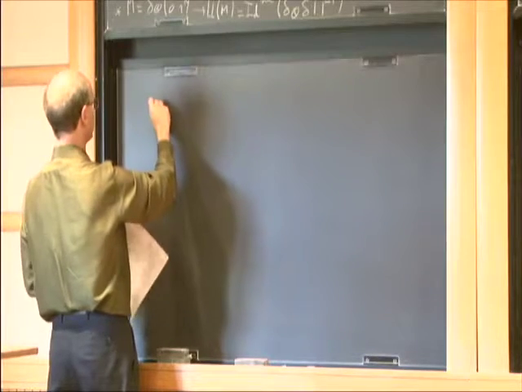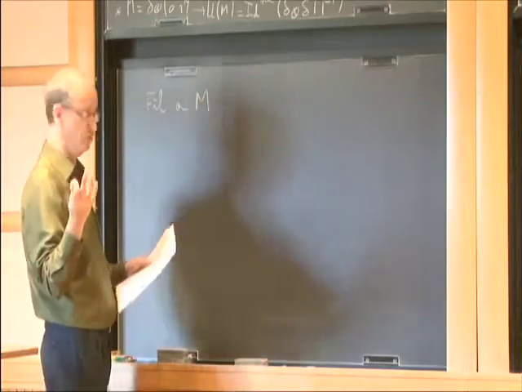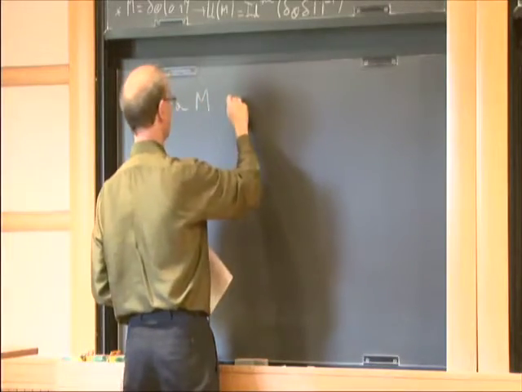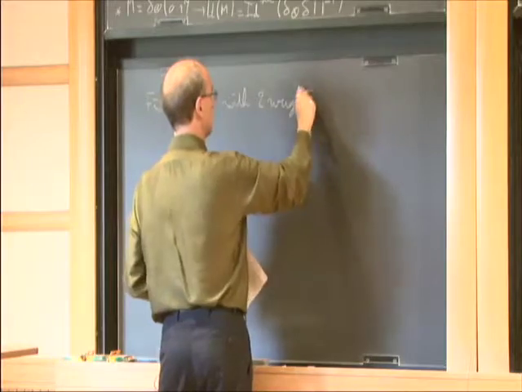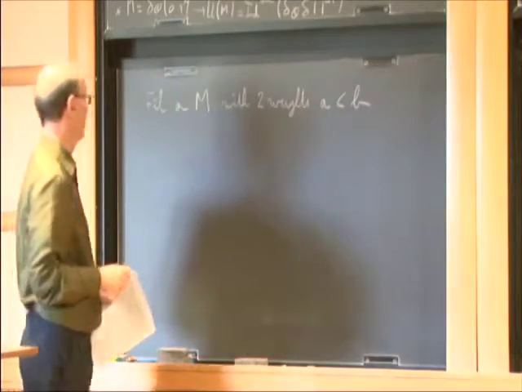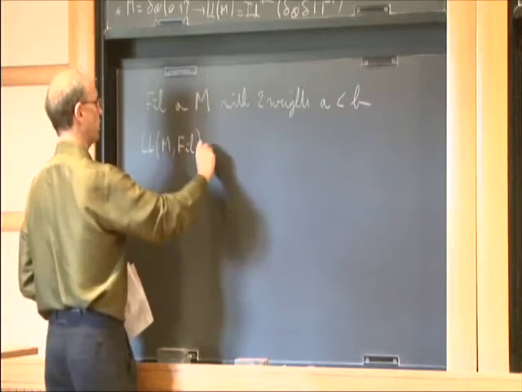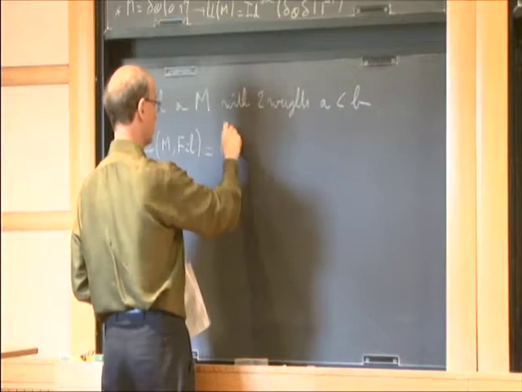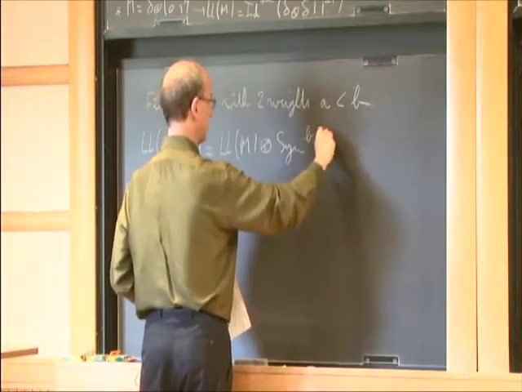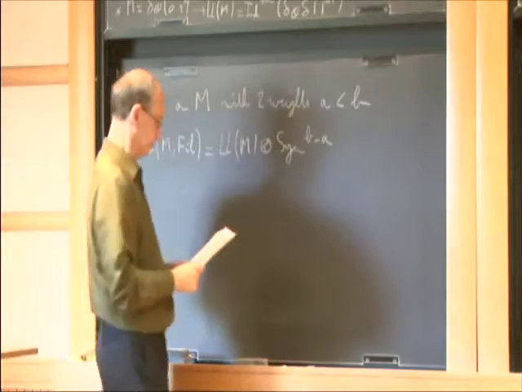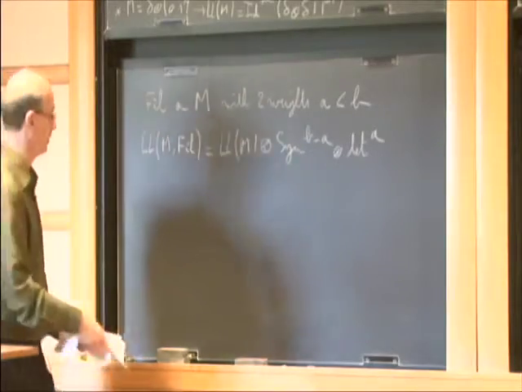So assume that you have a filtration Fil on M with two different weights, A bigger than B, A smaller than B. Then what you define local Langlands of M with this filtration to be is just local Langlands of M tensor the algebraic representation B minus A, tensor determinant to the A. And here B minus A minus 1.